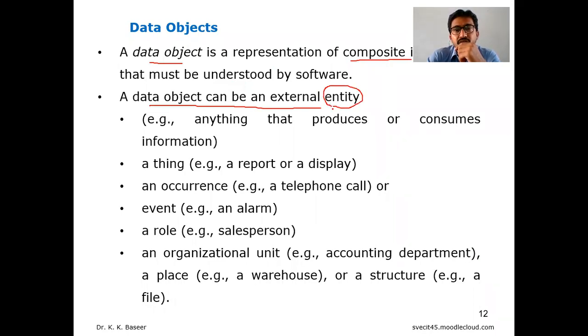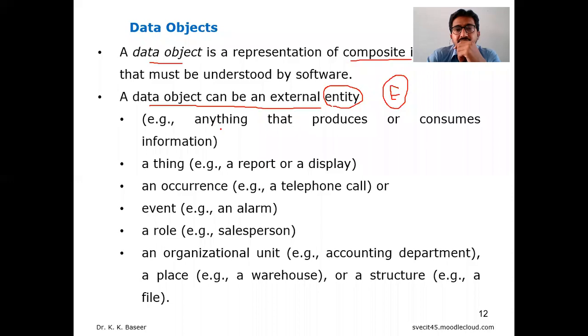An entity can be a table, or a human, or a stakeholder, or something which can act in the real world. A real world thing will be considered an entity. So a data object can be an external entity.